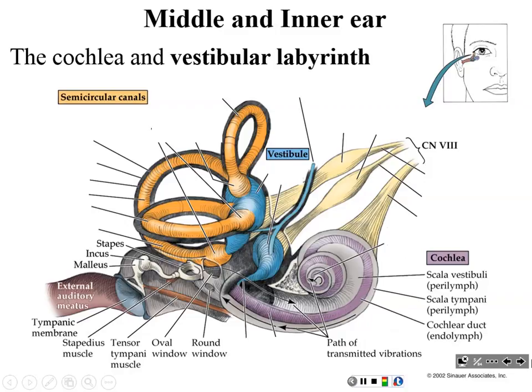The pressure exits through the round window. And I mentioned that it deflects or travels through the basilar membrane, and the basilar membrane detects higher frequencies towards the base of the cochlea and lower frequencies in the apex.